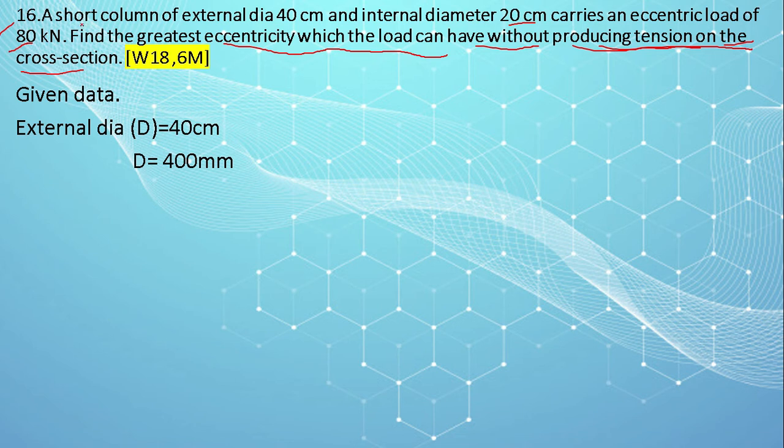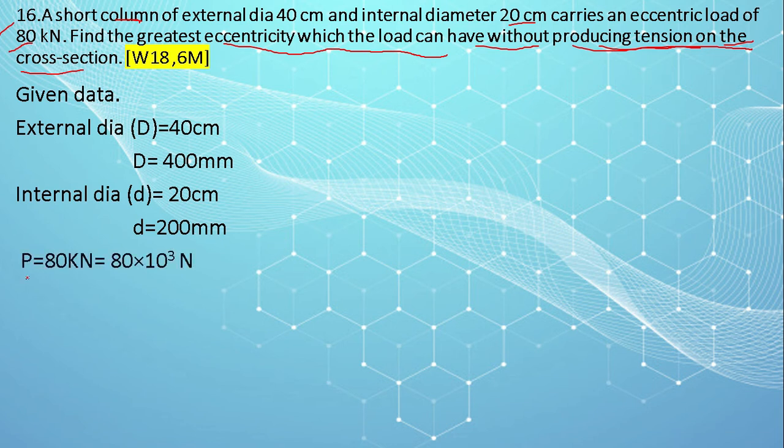So given data: in this problem, the column is hollow, external diameter is 40 cm, therefore capital D is equal to 400 mm, internal diameter small d is equal to 20 cm, in mm, d is equal to 200 mm, and applied load is 80 kilonewton.